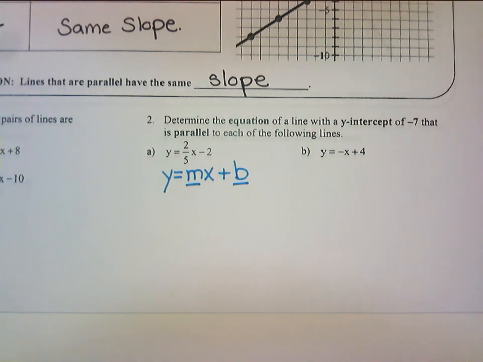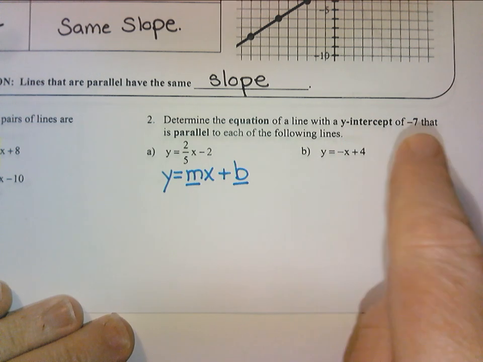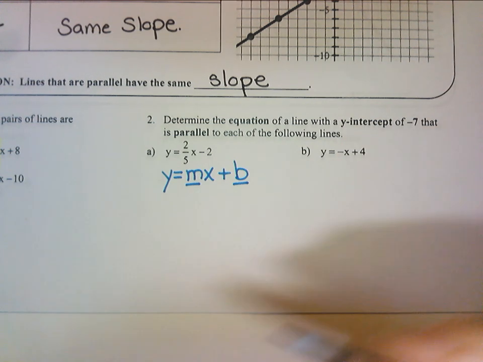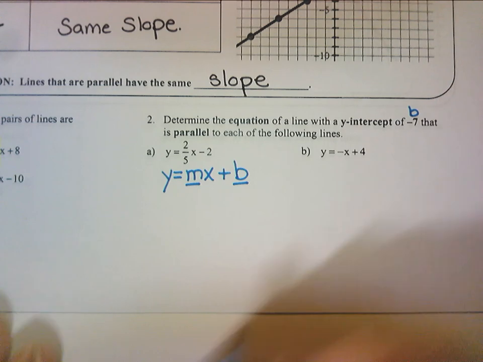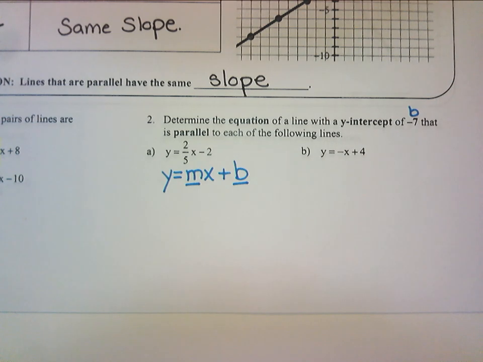We would like to leave the y and the x as just y and x. In the question, it told us that it had a y-intercept of -7. The y-intercept is b, so our b is going to be -7.